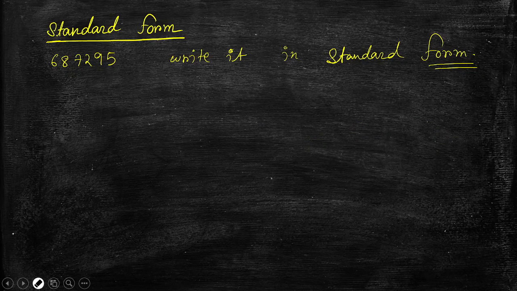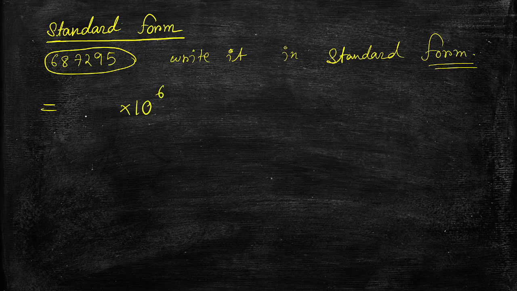Okay, see what will be the standard form. The shortcut I mentioned: first, count all the number of digits, how many digits are there. So there are 1, 2, 3, 4, 5, 6, right? So this 6 will be the value of n. And second shortcut is add a decimal after the first digit from left to right.